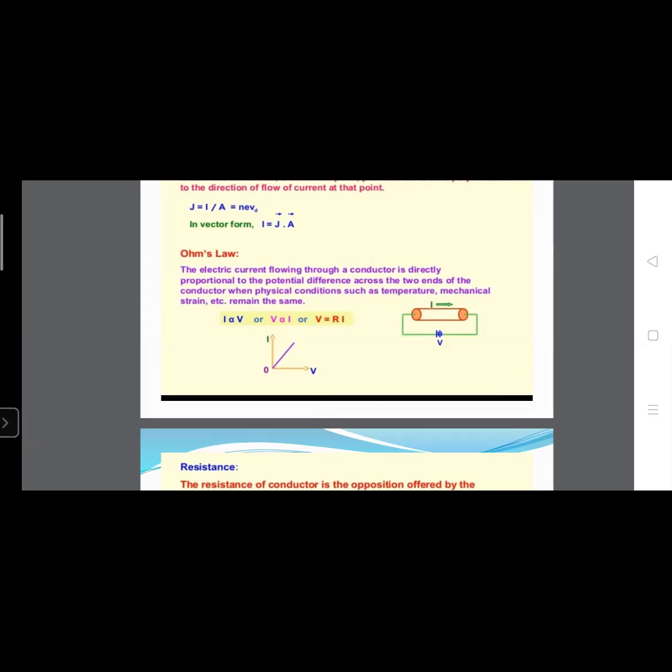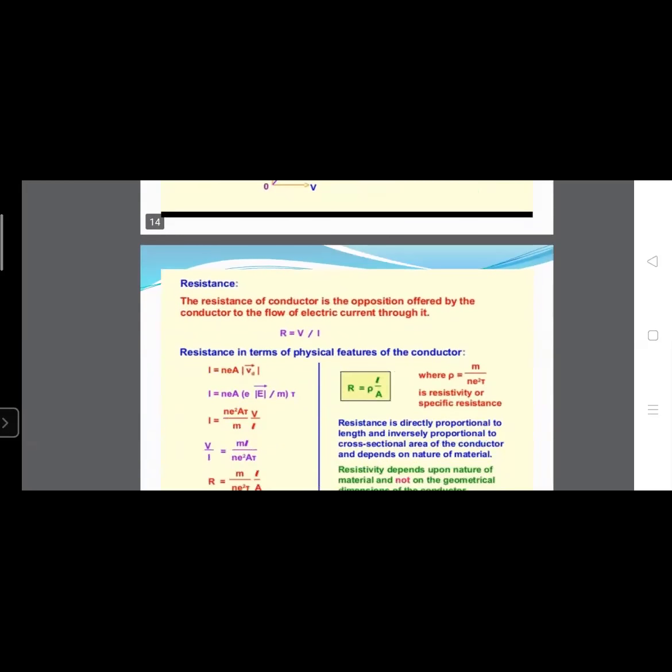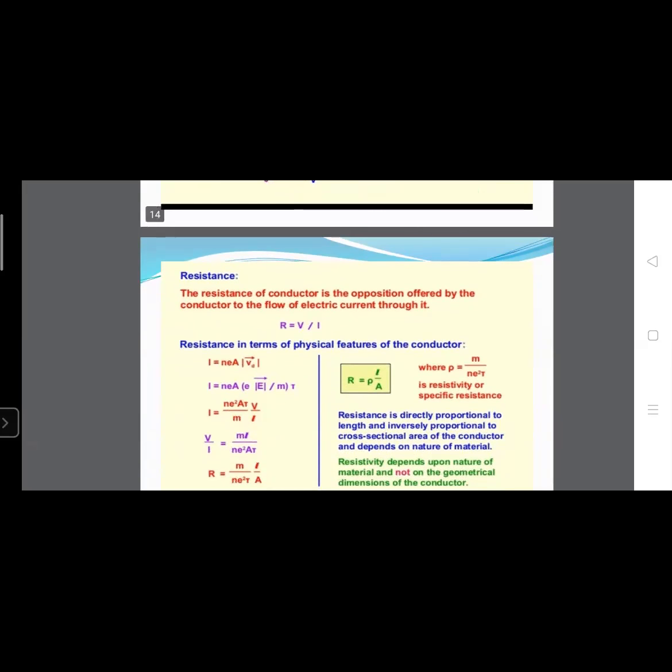Resistance. What is resistance? The resistance of a conductor is the obstruction which opposes the flow of charge. Clear? Resistance in general is a measure of the physical obstruction or hindrance caused by a medium to the directional movement of the charge carriers.